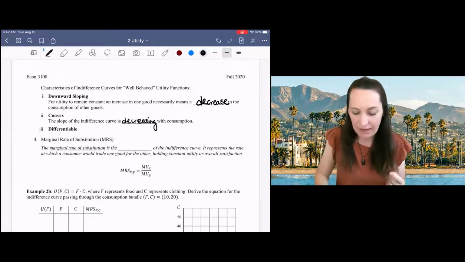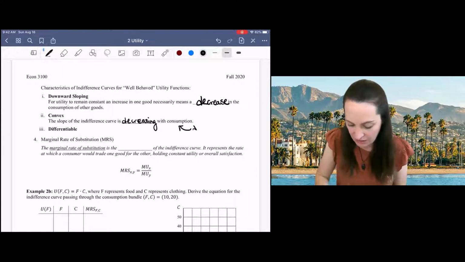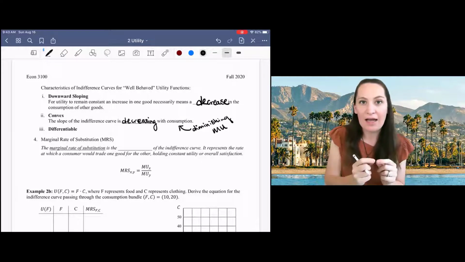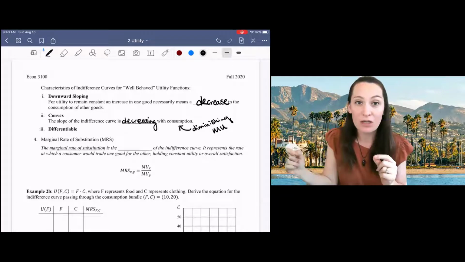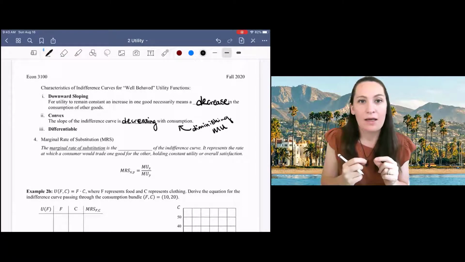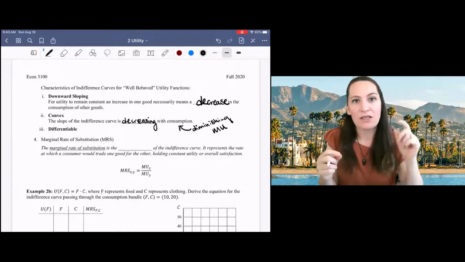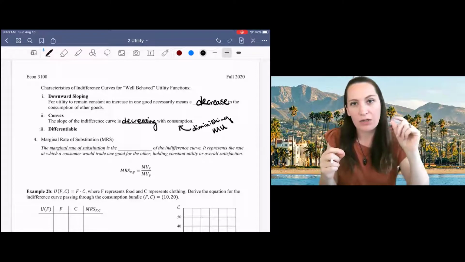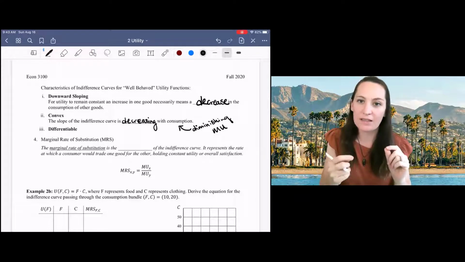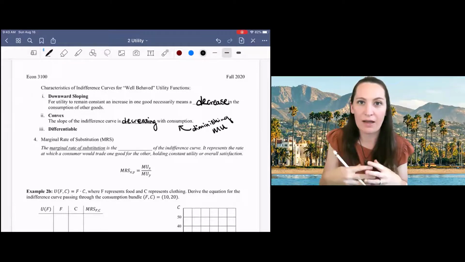And that's related to our diminishing marginal utility, because as I consume more and more, say food on my x-axis, each unit of food is worth a little less. And so the decrease in my y-axis variable gets smaller and smaller to offset the smaller increase in marginal utility from my x-axis good.